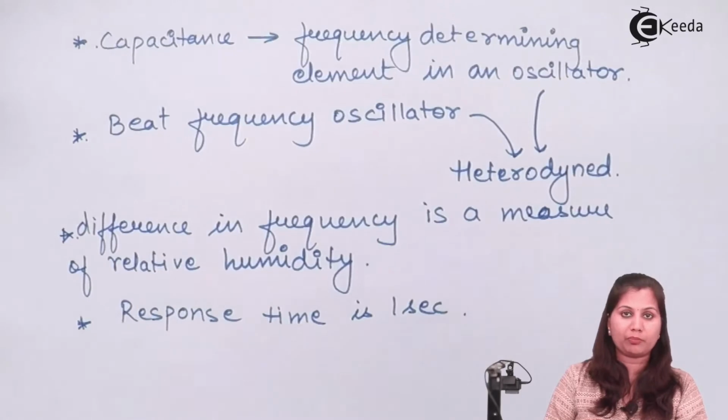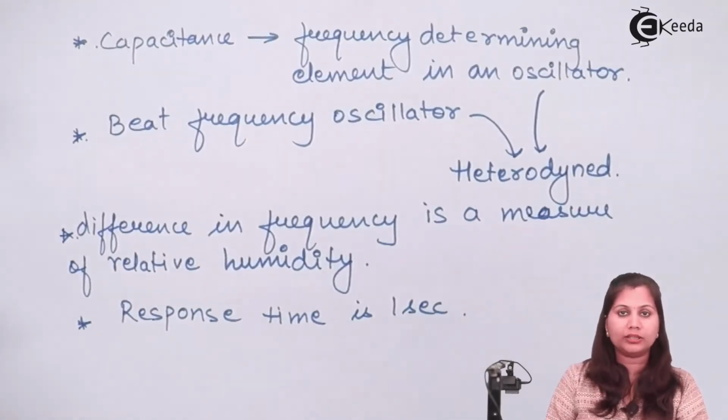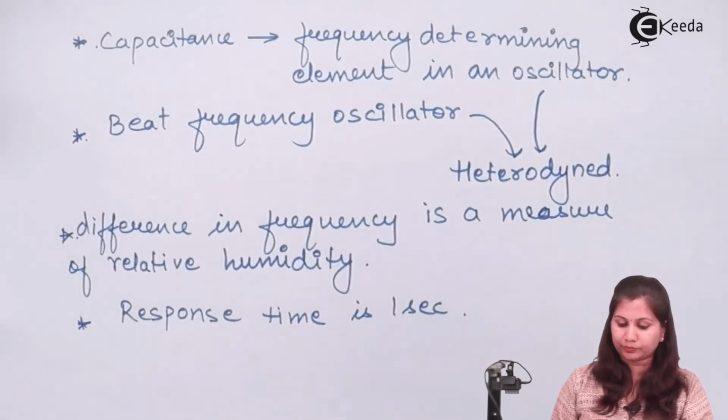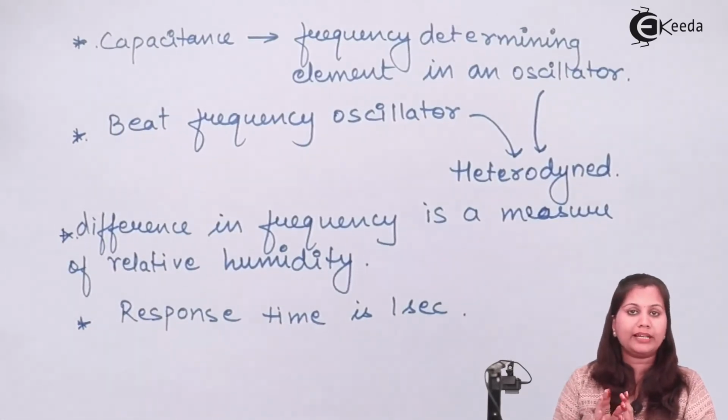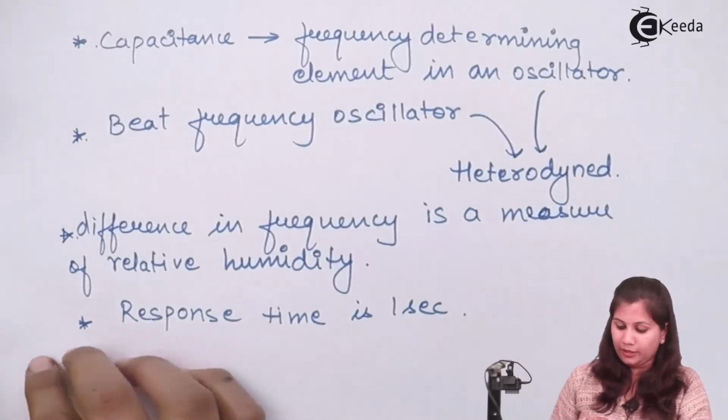Quickly it is going to respond to the changes in the humidity and give us the readings or measurement values. So these are the two electrical methods, the resistive hygrometers and capacitive hygrometers, which measure the changes in humidity by measuring the changes in the electrical parameters. Now, another type is the microwave refractometer.